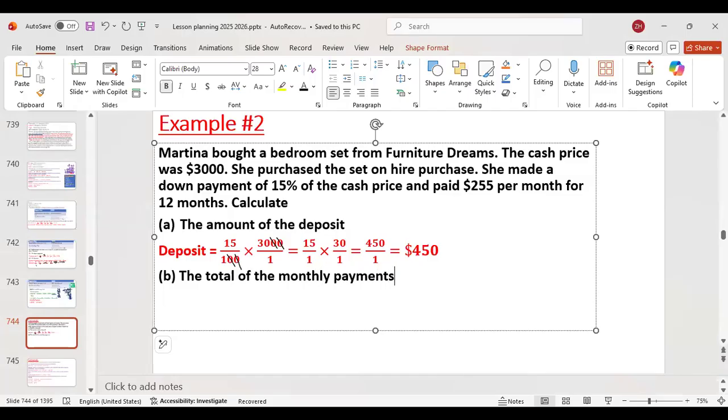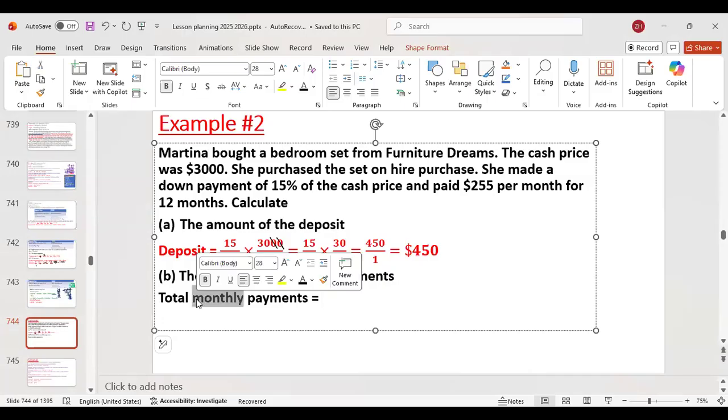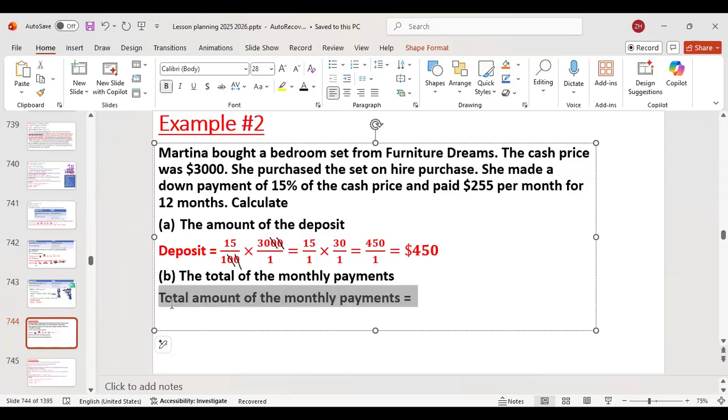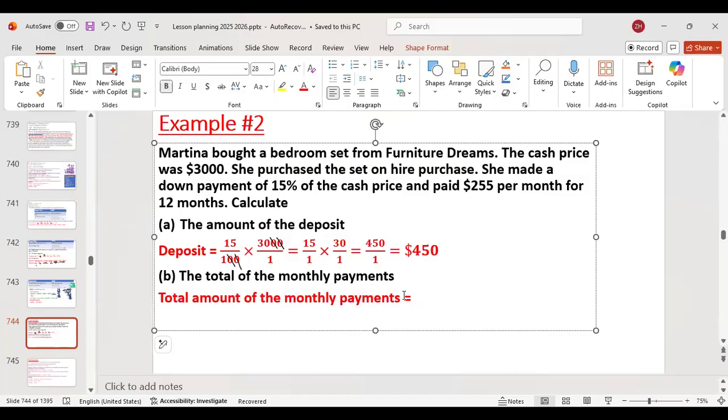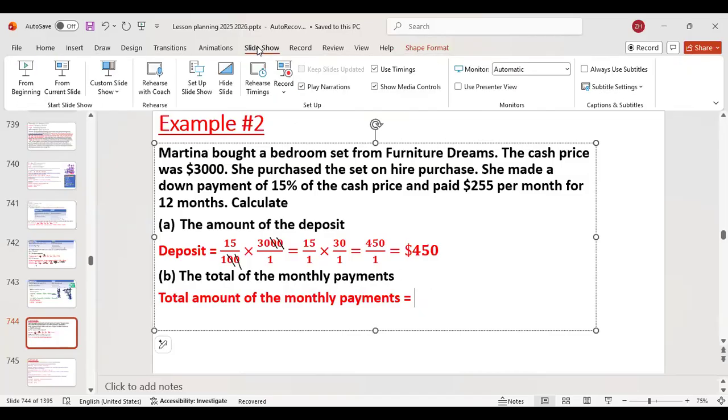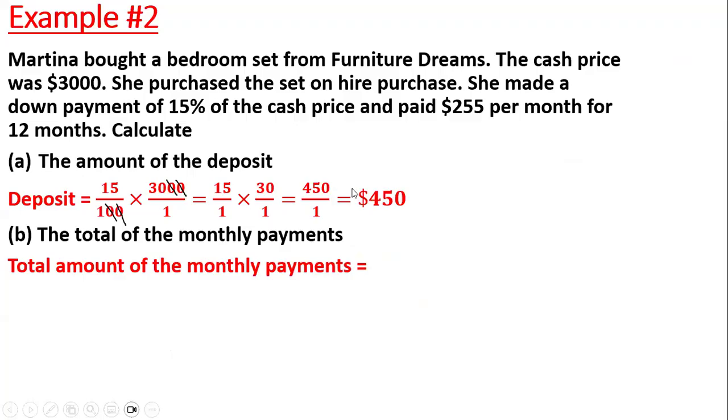So how are we going to get the total amount of the monthly payments? 450 times 12?